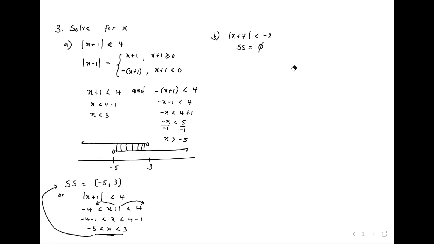Then B, whenever you have the modulus of anything less than a negative number, the solution there is empty without solving, just say empty. Why is it empty? Because the modulus is meant to make a number positive, so it can never be less than a negative number.